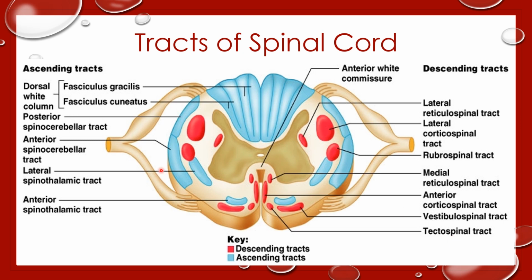So damage to any part of the spinal cord will cause damage to the information which has to be carried either to the higher center or to the effector organ.